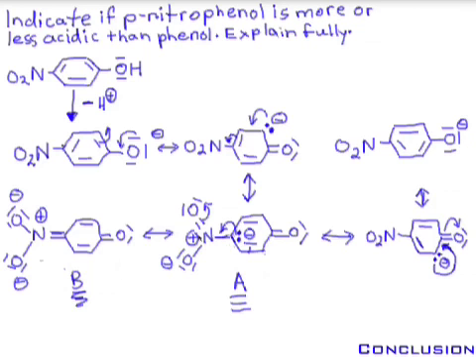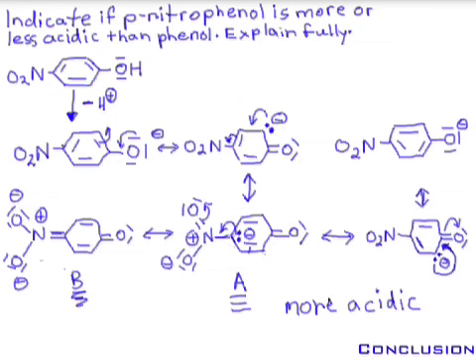This means that p-Nitrophenol is more acidic. Because it has more resonance structures, it delocalizes the negative charge, stabilizing the anion more, making it more able to form. P-Nitrophenol is more acidic.